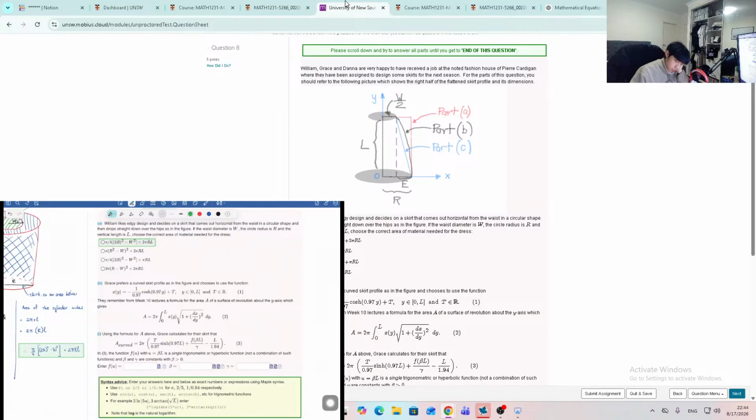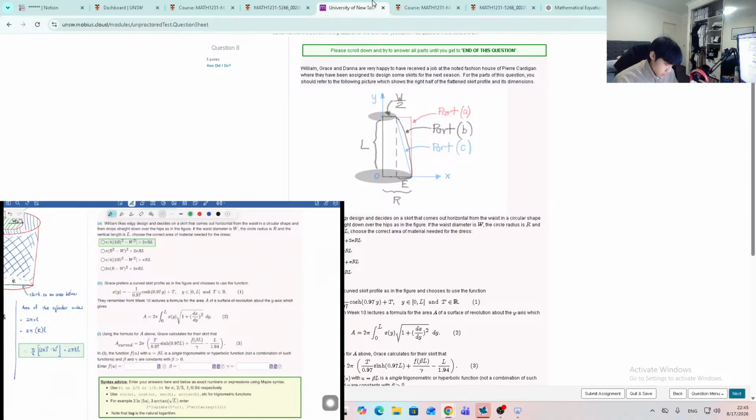We've derived it. Nice. Grace prefers a curved skirt profile as the figure and chooses that function, which is part B, which is the black one, right? The more general one. Then she has that formula, that function that goes from 0 to L. So we're thinking of a x on y type of equation.